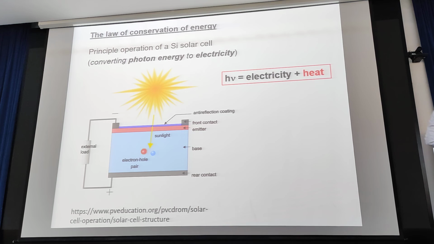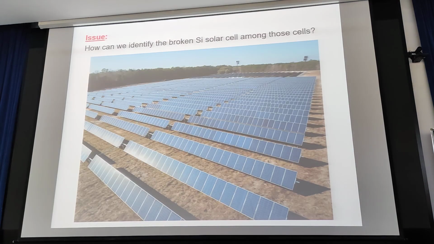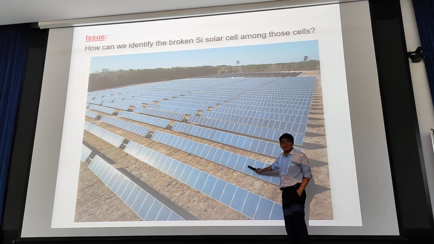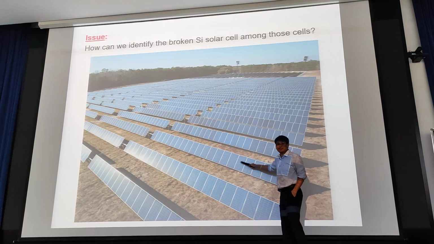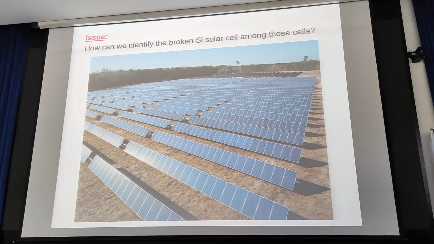So you can imagine that in terms of temperature on the surface, if this one is broken down, the temperature here will be higher than the surroundings, because you have more heat.